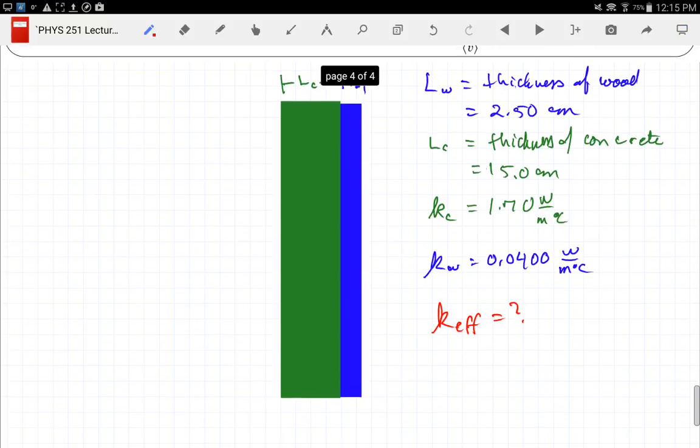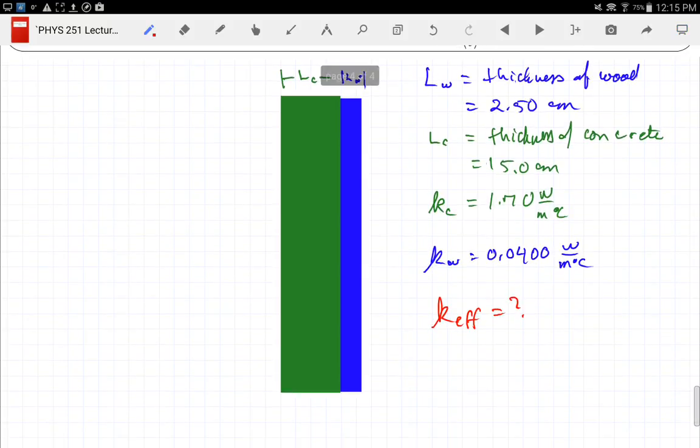So as I'm going through this, I have to first reason, okay, what is K? What are we talking about in this problem? Basically, how well this thing as a whole will conduct heat.